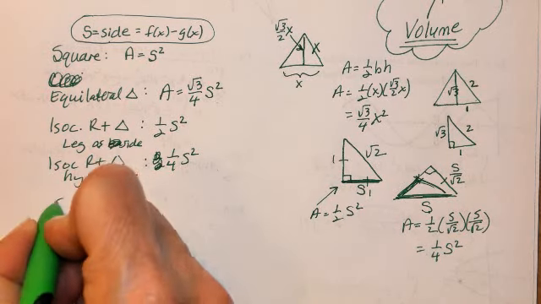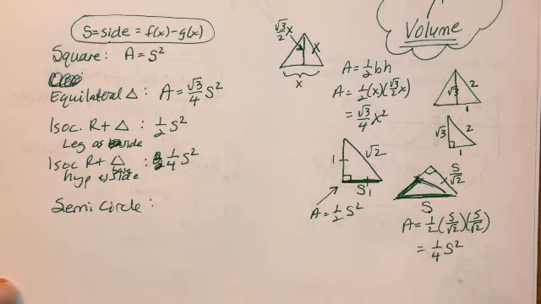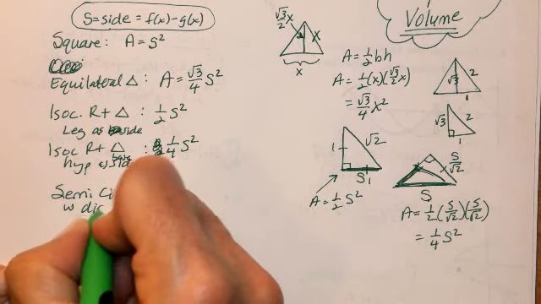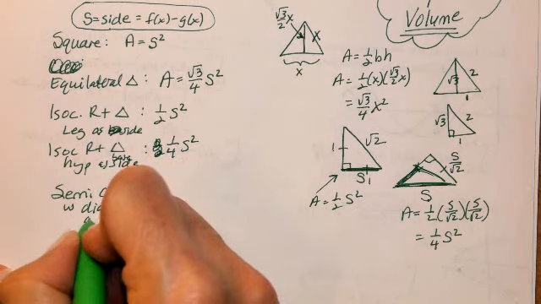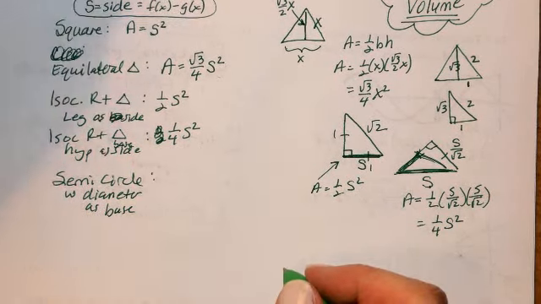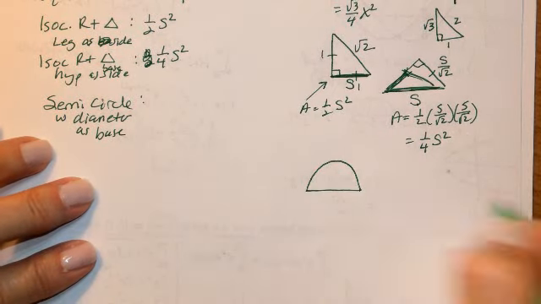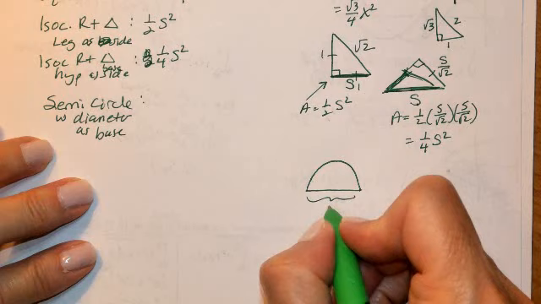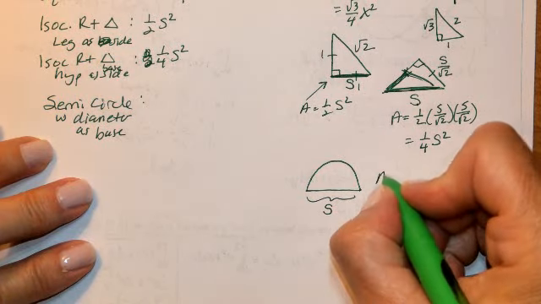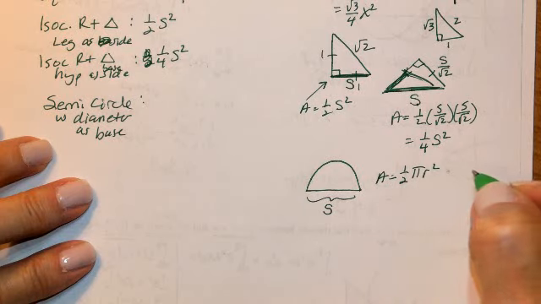What about a semicircle? What about a semicircle with the diameter as the base? Okay, let's come off to the side. Semicircle. Okay, so this is my side. Well, I know that the area will be 1/2 pi r squared, right?